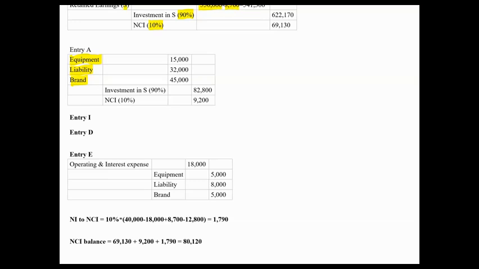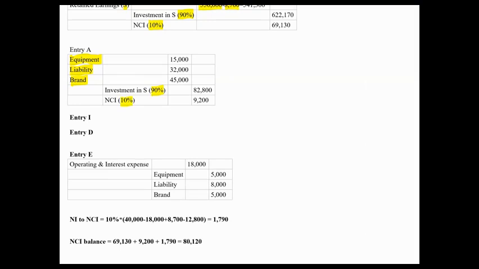This amount is equal to the original allocation minus 1 year of amortization, depreciation, or interest expense, because this is the beginning of the 2nd year. And still we allocate 90% of the total debit to the investment account and then 10% to the non-controlling interest balance.